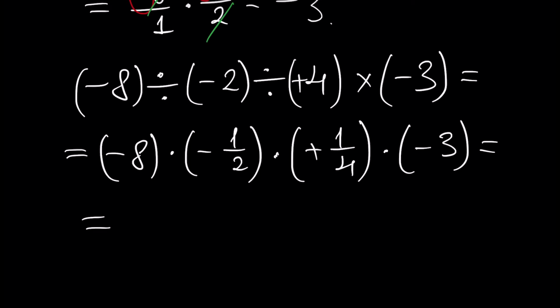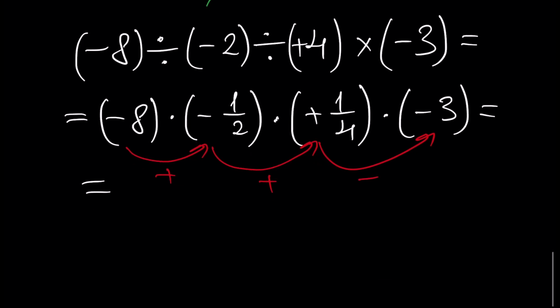And again, here we have minus times minus gives plus, and plus times plus gives plus, and plus times minus gives minus. So answer will be with the sign minus.